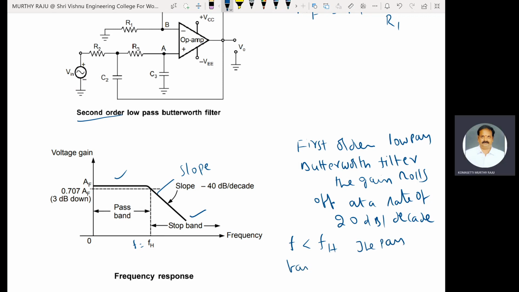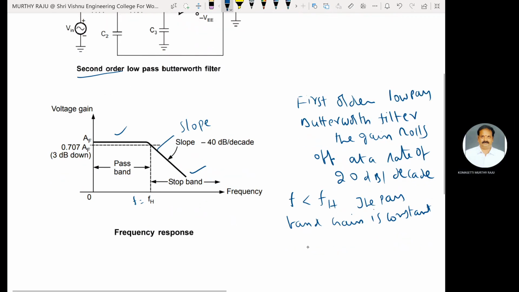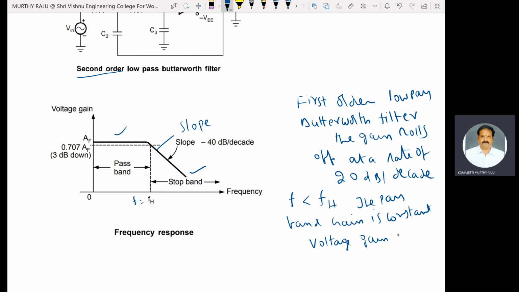The pass band gain is constant, that is equal to AF. The voltage gain A is equal to AF.